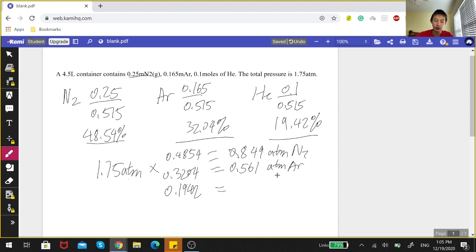And finally, we have 1.75 times 0.1942, which is about 0.338, which rounds to 0.340 atmospheres of He.